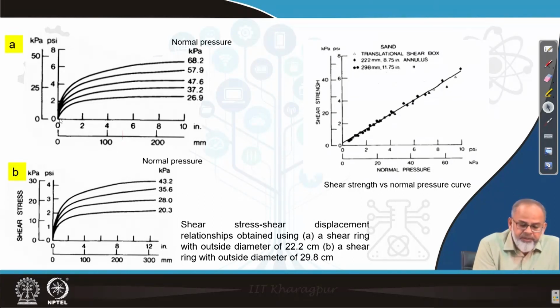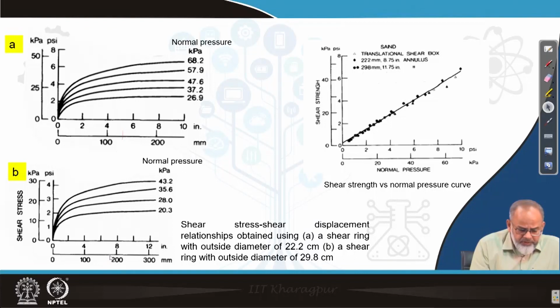Now, if you look at the curve, initially the shear stress is rising at a very fast rate, then with increase in shear displacement, it is nearly constant. This is the trend which is observed for all those five normal pressures.